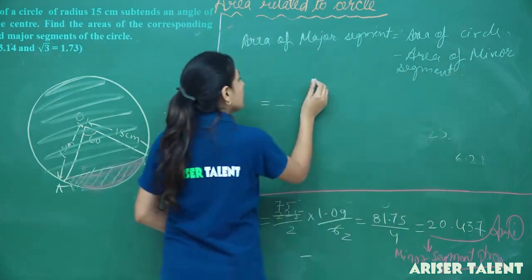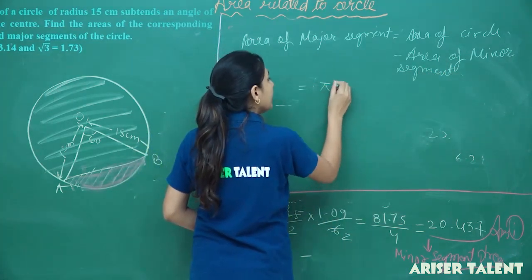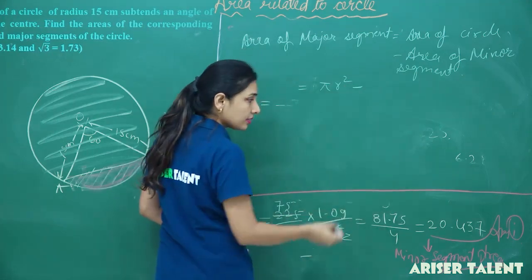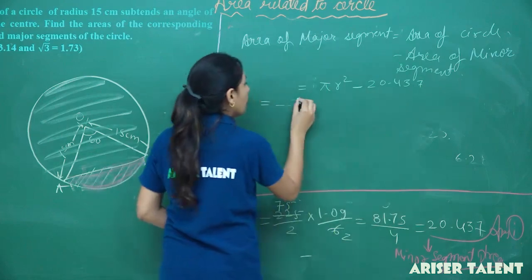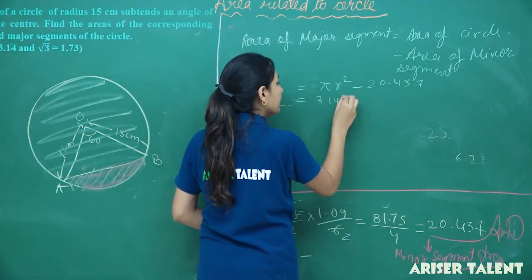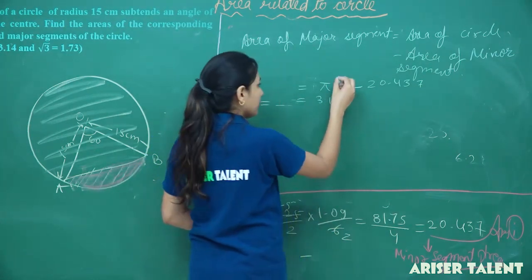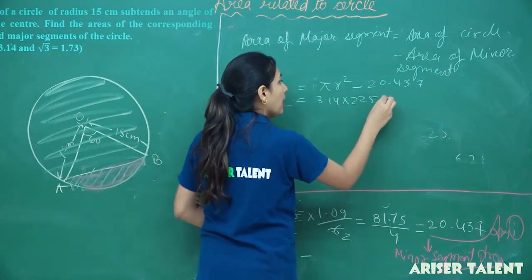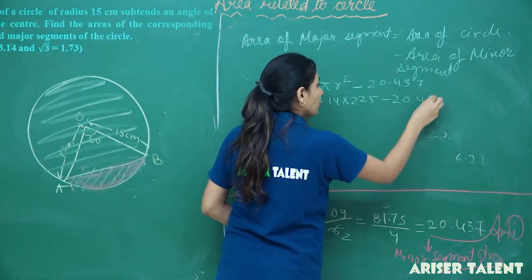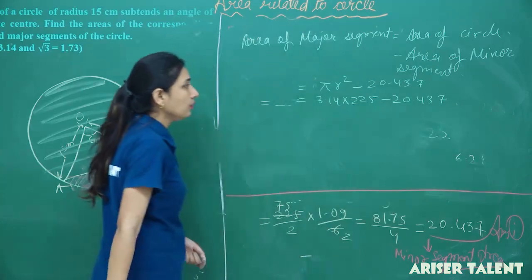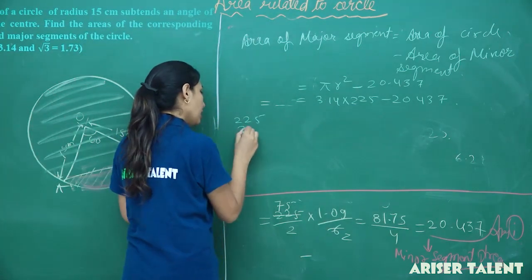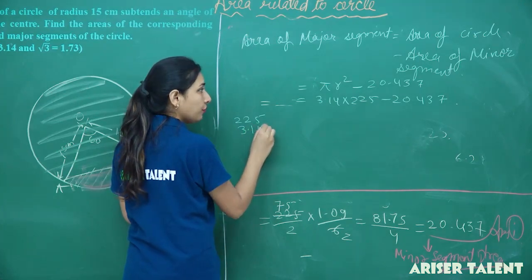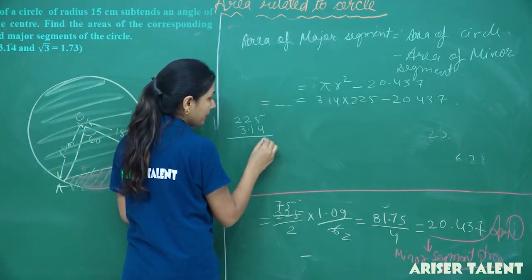Now area of circle is simply pi r square, minus 20.437. Now pi is 3.14 here and r is 15, square is 225, minus 20.437. So can I just multiply 225 by 3.14? Okay, so what will it be?